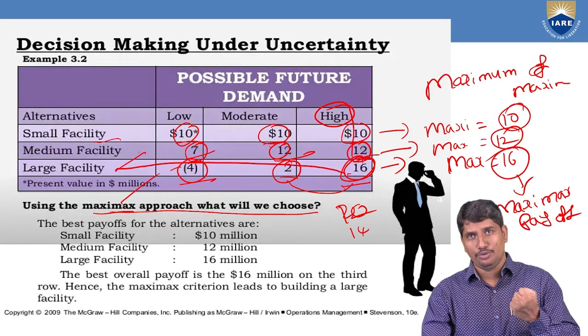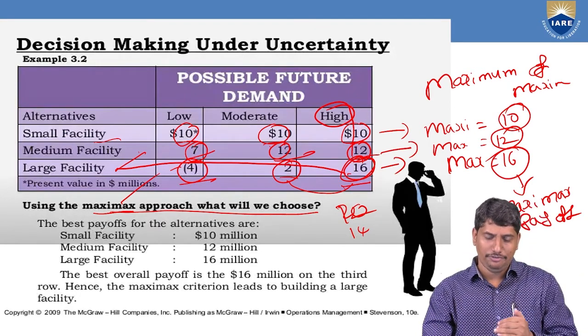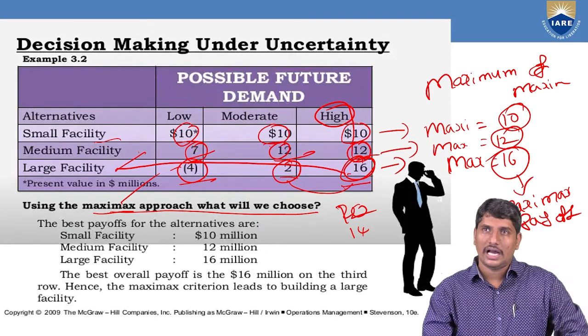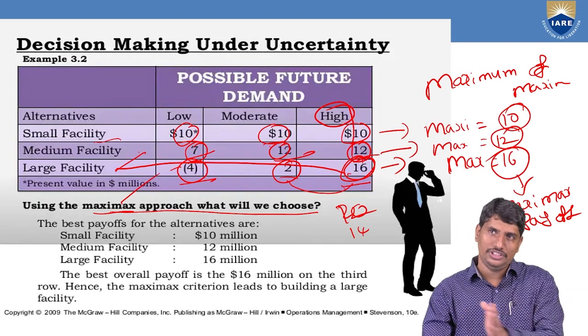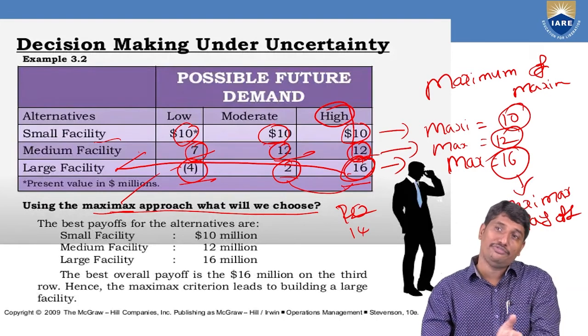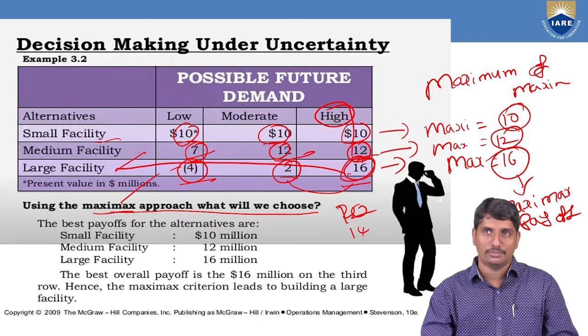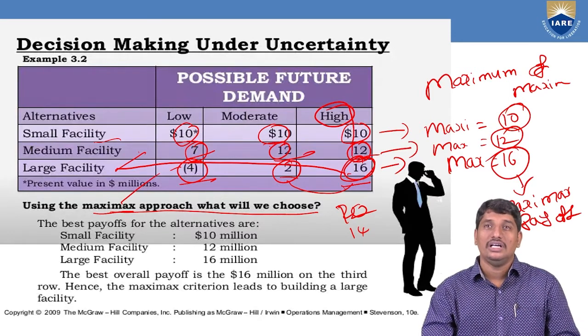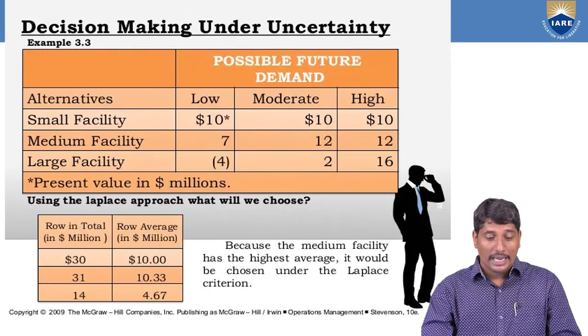We always try to get the high stakes of profits. So for that, we will risk and we'll go with the highest payoff value, that is maximum of each row. That is why we always try to hit the highest profit, maximum possible profit. That is the motive behind Maximax approach.